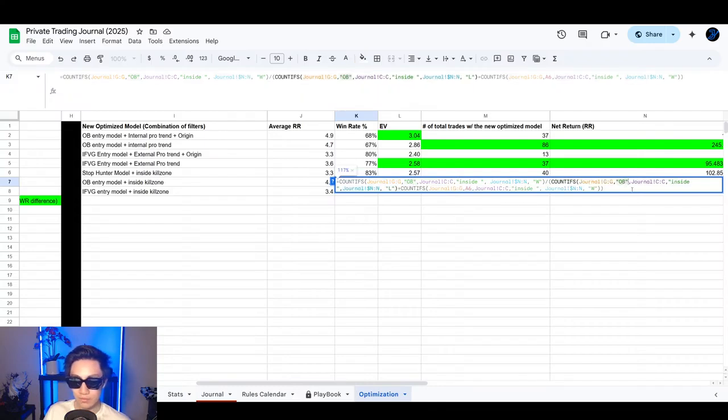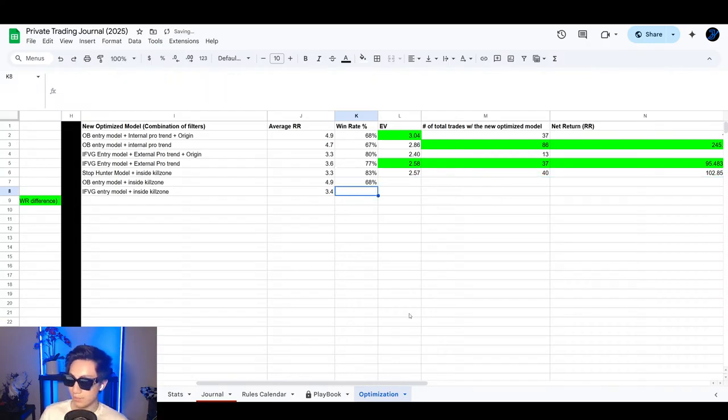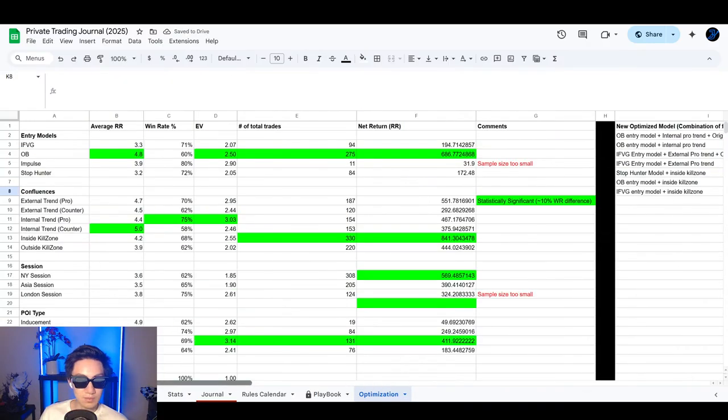So replace this, and we replace ultimately this. So 68% win rate with the OB entry model. The OB entry model inside and outside kill zone average is 60%.